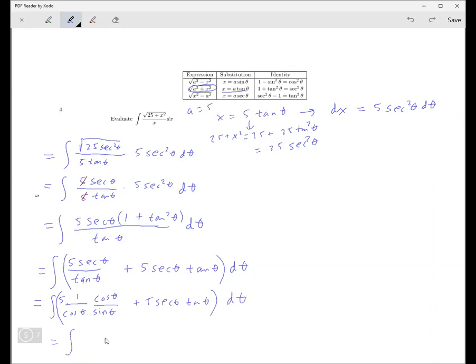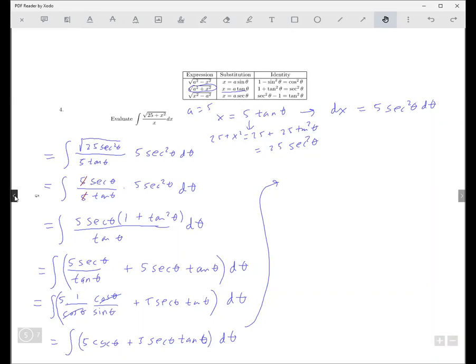The cosines reduce, and we have 5 over sine, which is the cosecant. And we know how to integrate cosecant.